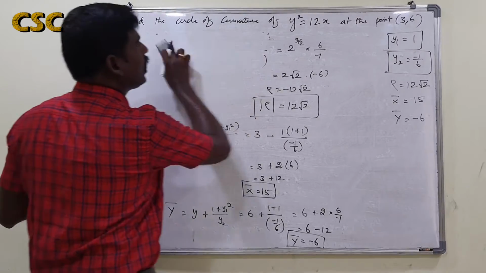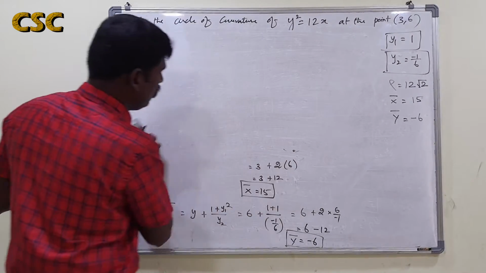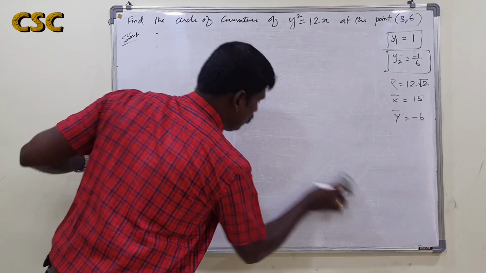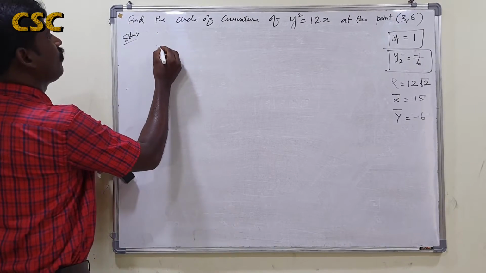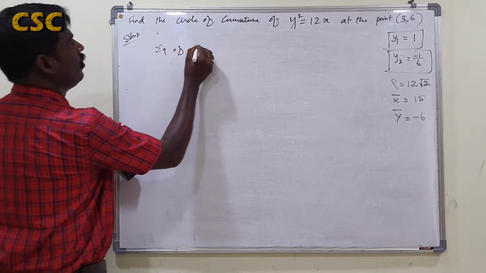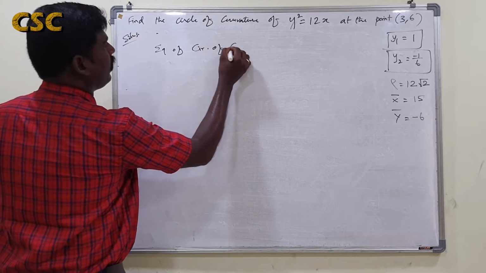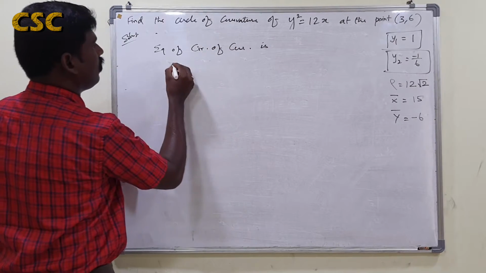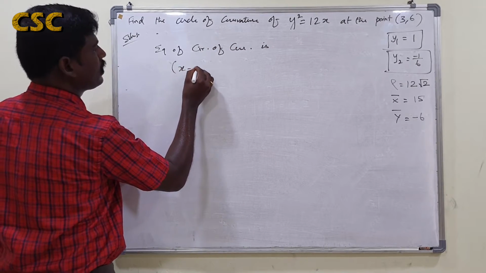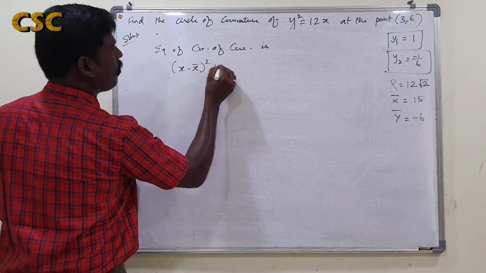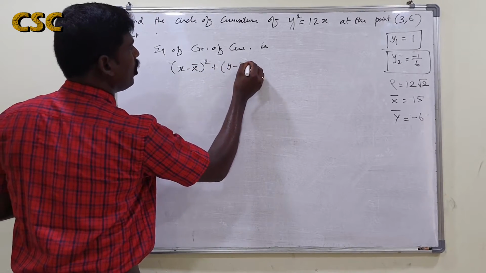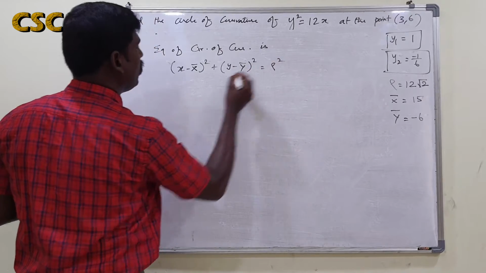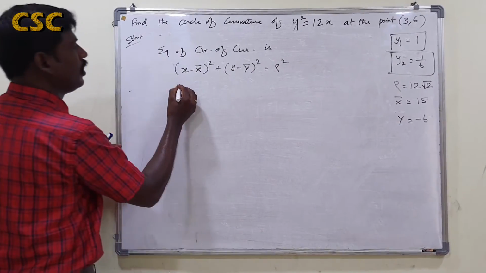Then you can directly go for the formula for the circle of curvature. What is the equation of the circle of curvature? What is the formula for that? x minus x bar the whole square plus y minus y bar the whole square is equal to rho square. Substitute all these three values here, you can get the answer.